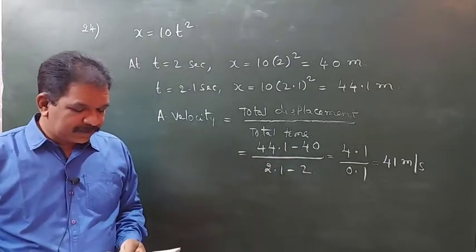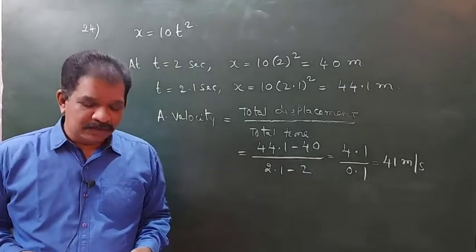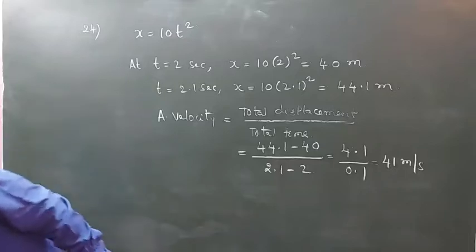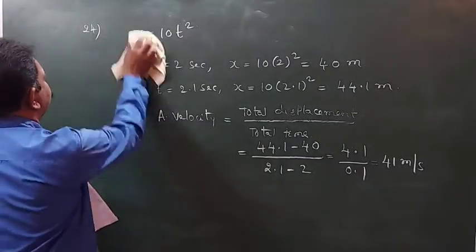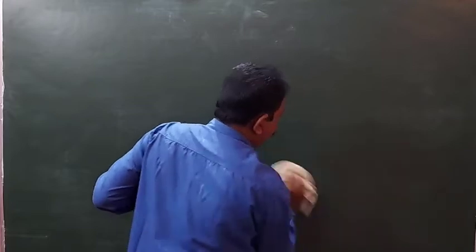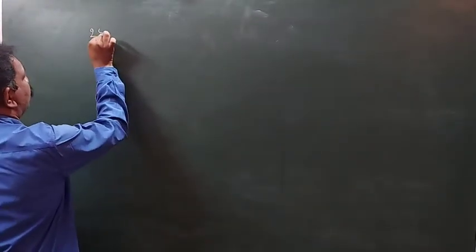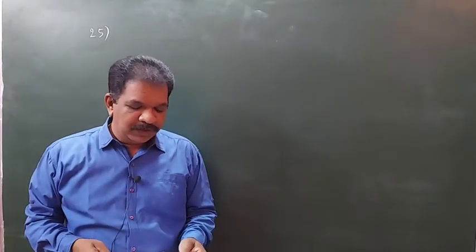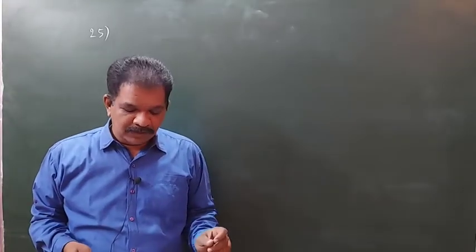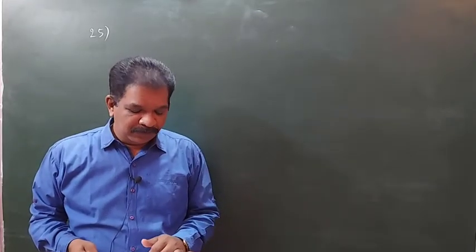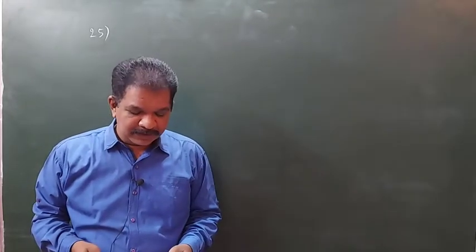Next, that is for 23 and 24. 25, you see what they are asking. A cyclist moving on a circular track of radius 40 meter completes half of revolution in 40 seconds.